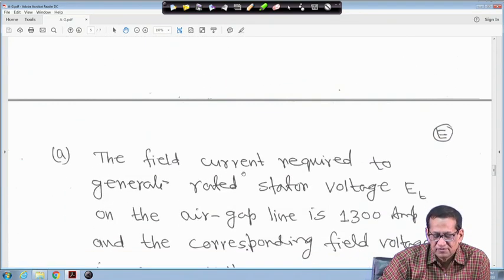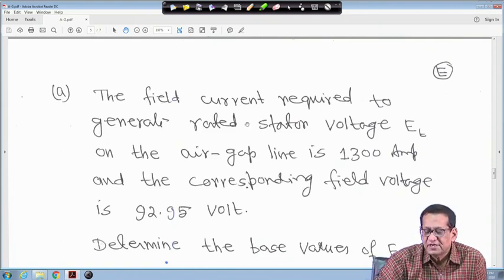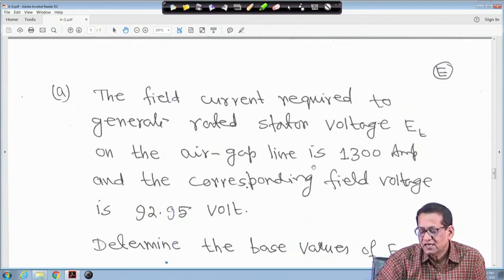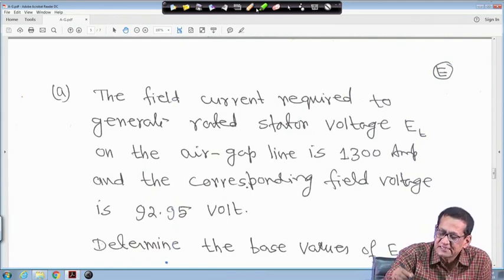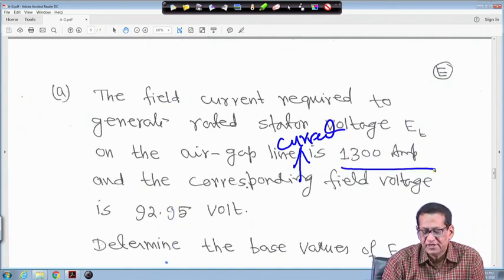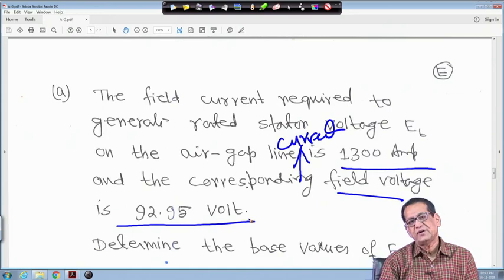Now the first part, part A, is the field current required to generate rated stator voltage ET on the air gap line. It is air gap line current, I have missed it here. The air gap line current is 1300 ampere and the corresponding field voltage is 92.95 volt.